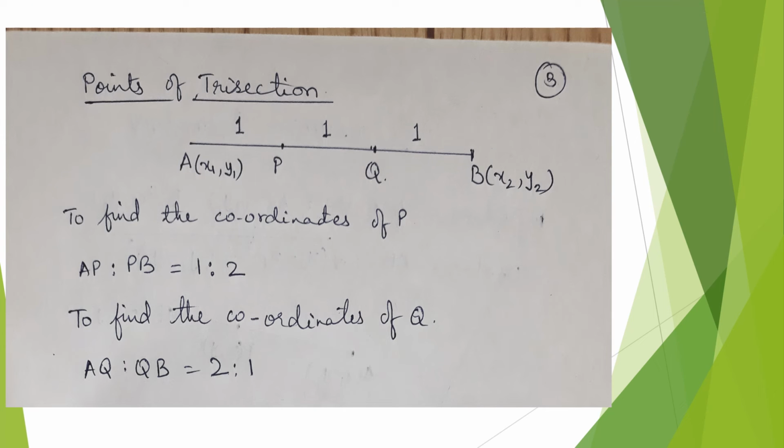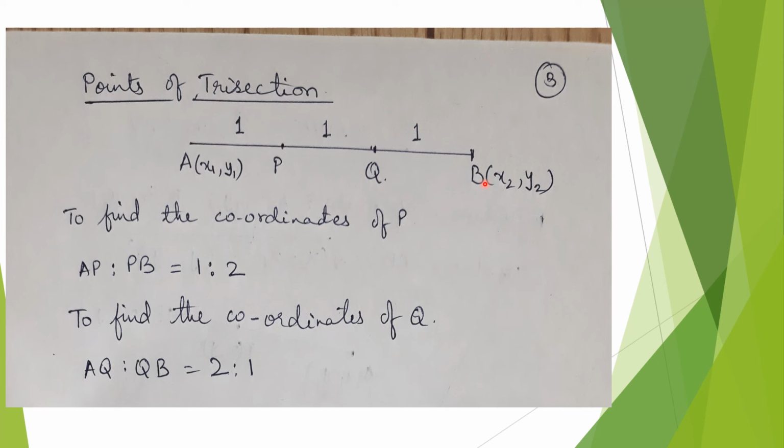So now let's look at points of trisection. What do we mean by trisection? We are saying that the line segment AB is being divided into 3 parts by the points P and Q, in such a way that AP is to PQ is to PB is equal to 1:1:1.